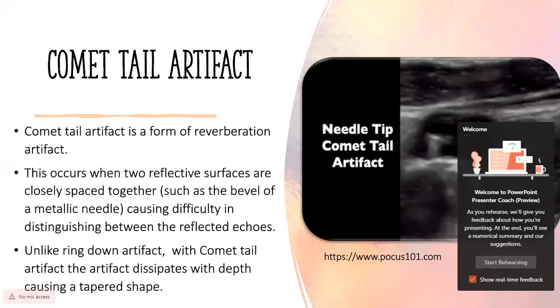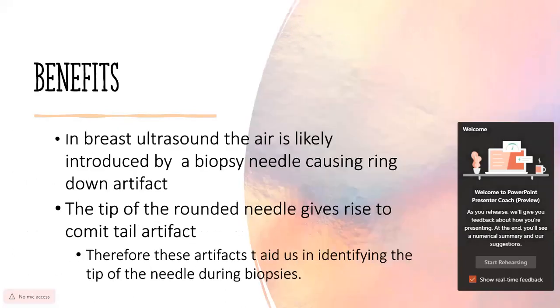Unlike ring-down artifact, it's important to know that comet tail artifact dissipates with depth, therefore causing a tapering shape. So we can see there's the tip of a needle and the artifact, which stops at a certain depth within the image.